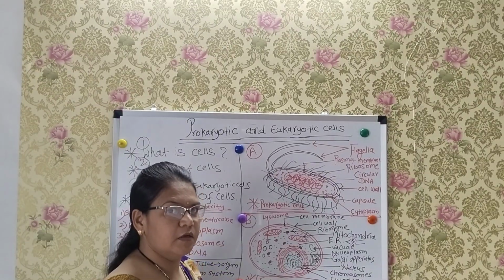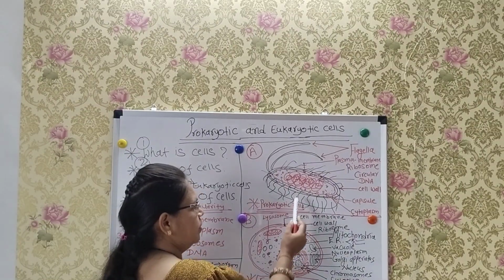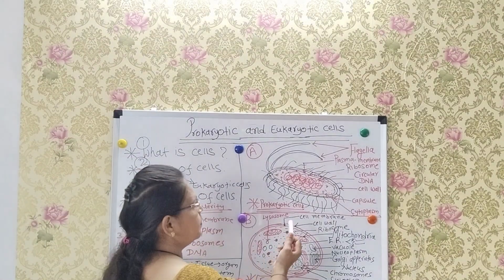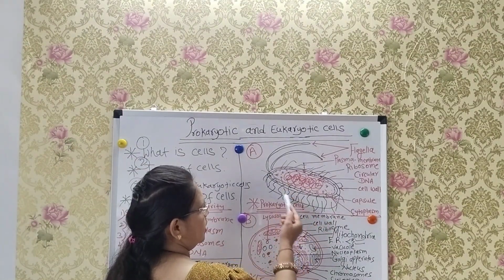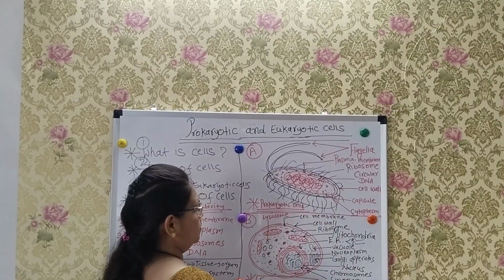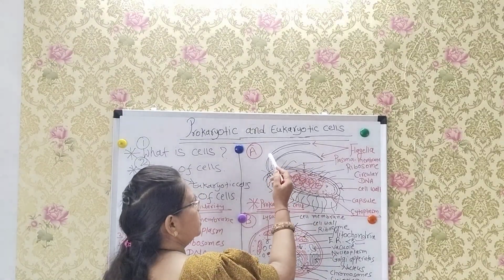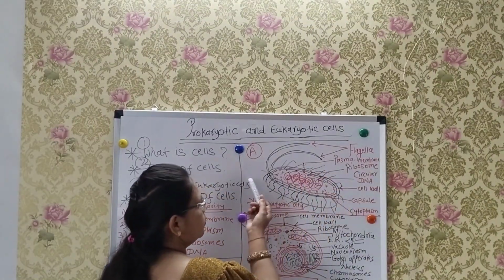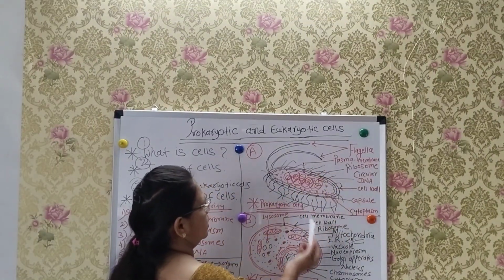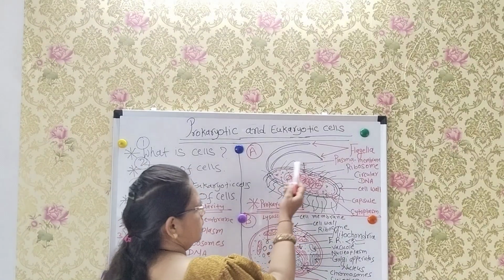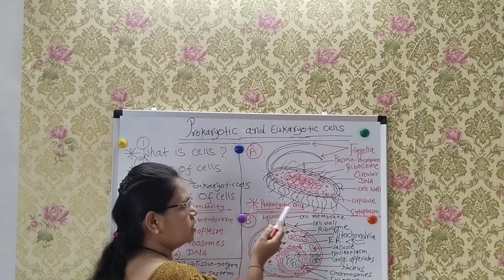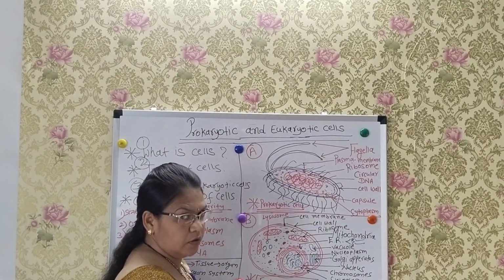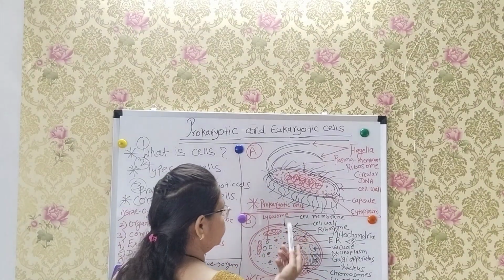See here the diagrammatic representation of prokaryotic cells and eukaryotic cells. In prokaryotic cells, capsuled cells, thin and long structures are found, we call flagella. Also many thread-like structures are found in prokaryotic cells, we call cilia. Locomotion is completed in prokaryotic cells by flagella and cilia.